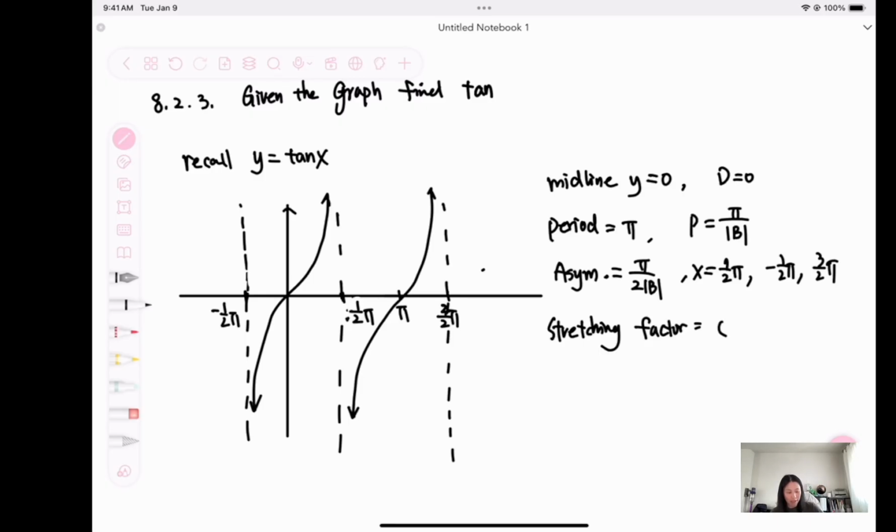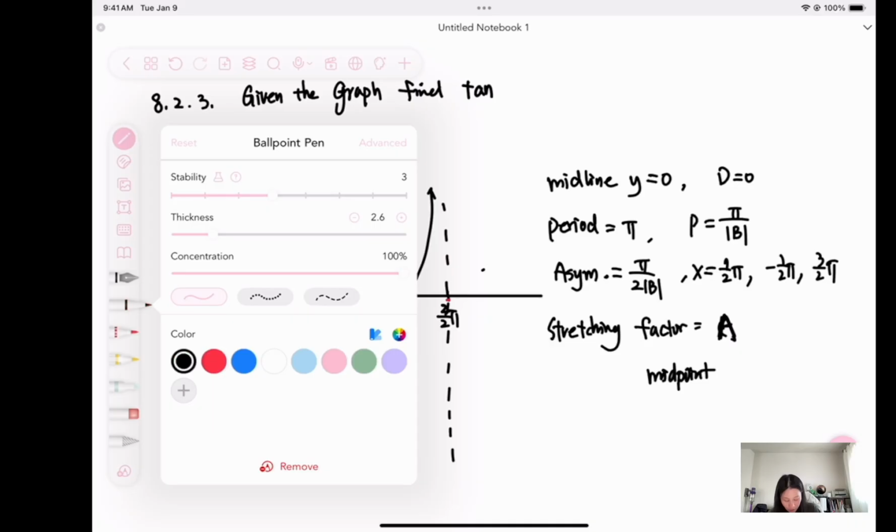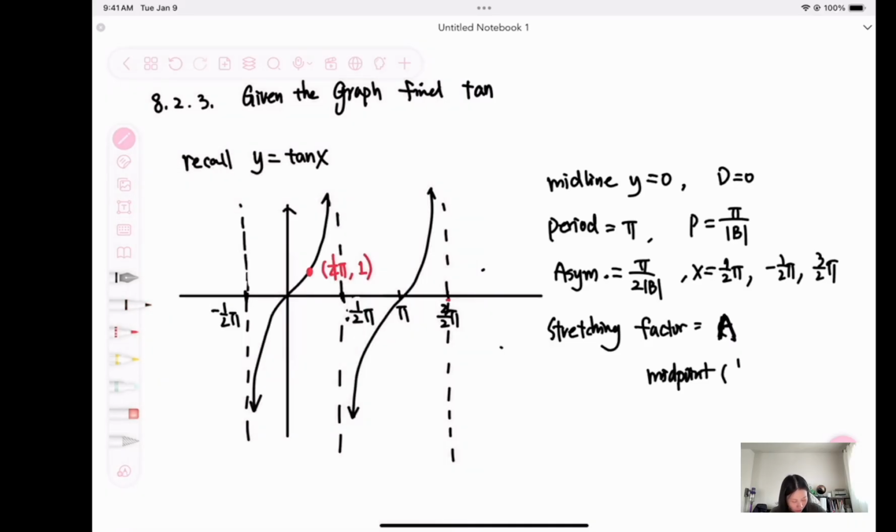So the midpoint is going to be what? I'm going to label that in red. The midpoint is the middle from the center of the graph to the asymptote, so that is 1/4 pi, and tangent 1/4 pi is equal to 1. So the midpoint is here, at 1/4 pi and 1.